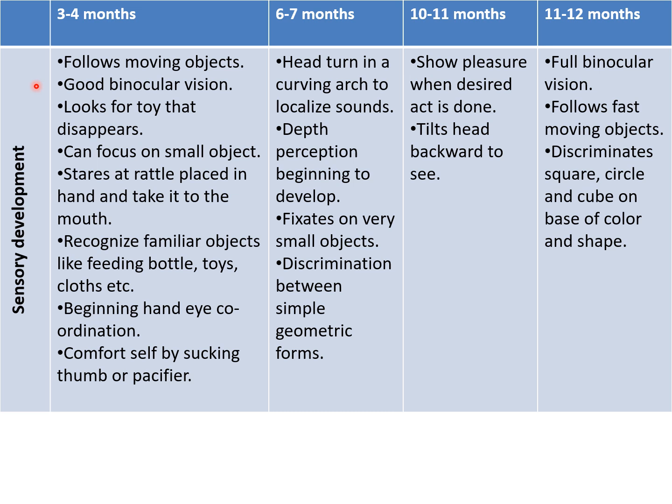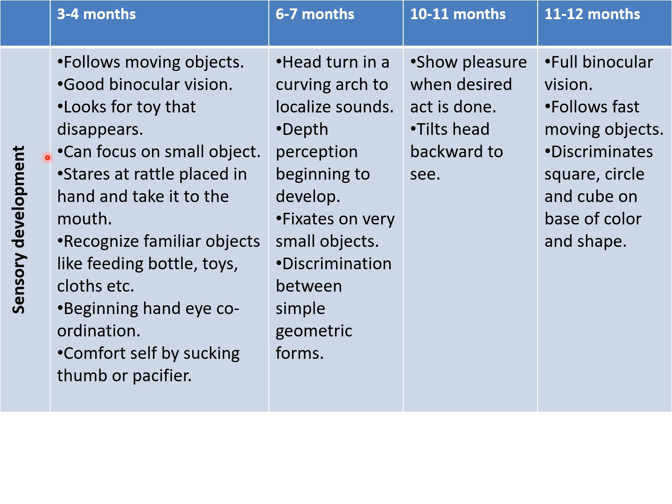Good binocular vision is present for the child. That means the child will be able to visualize from both eyes. They will look for a toy that disappears, but just momentarily. They will not be searching, they will just be looking for the toy that disappears. Can focus on small objects.